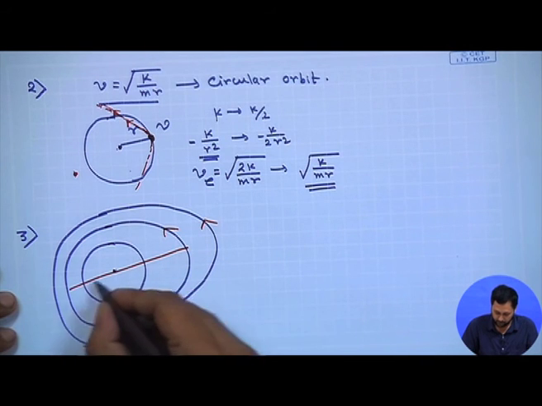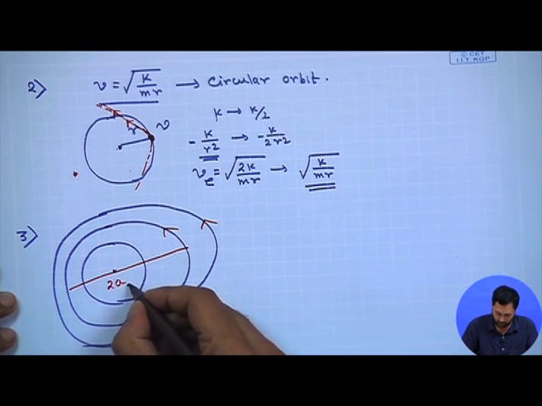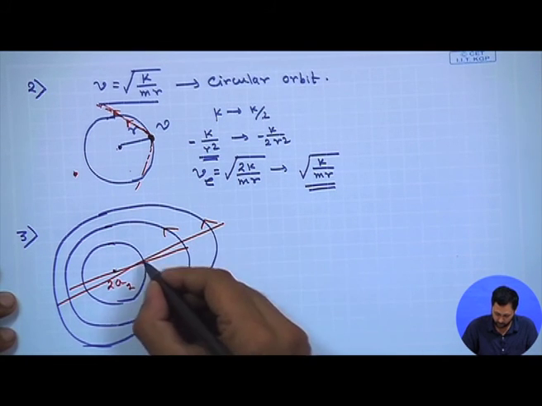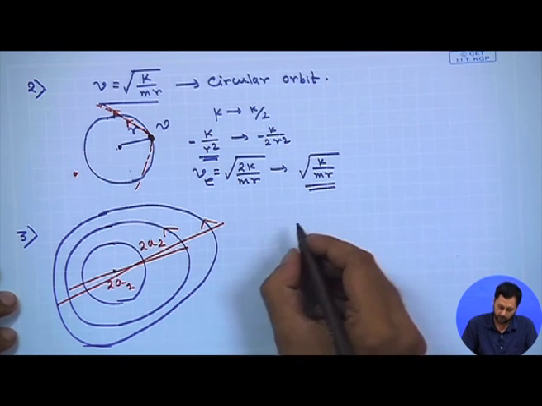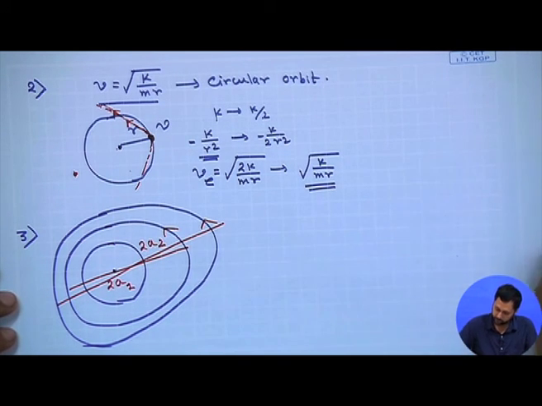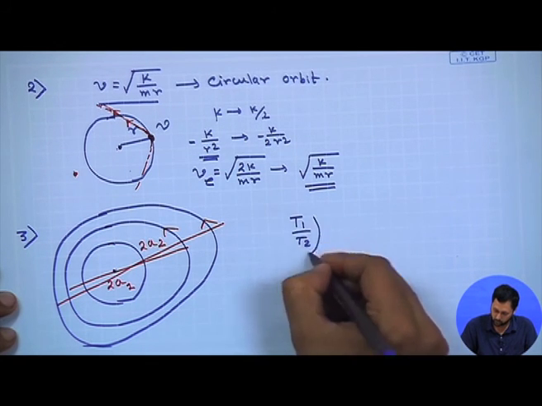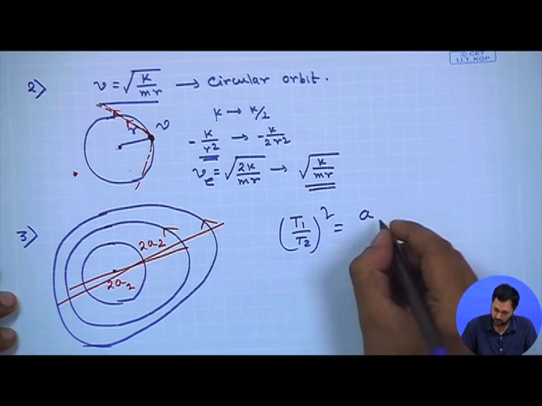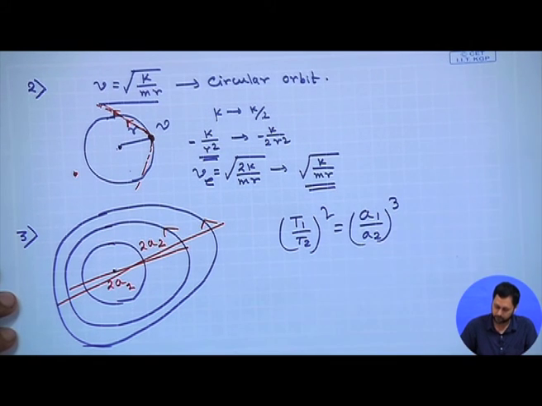If these are 2a for the first orbit and this is 2a of the second orbit, then according to Kepler's laws, T1 by T2 whole squared is equal to A1 by A2 whole cubed.